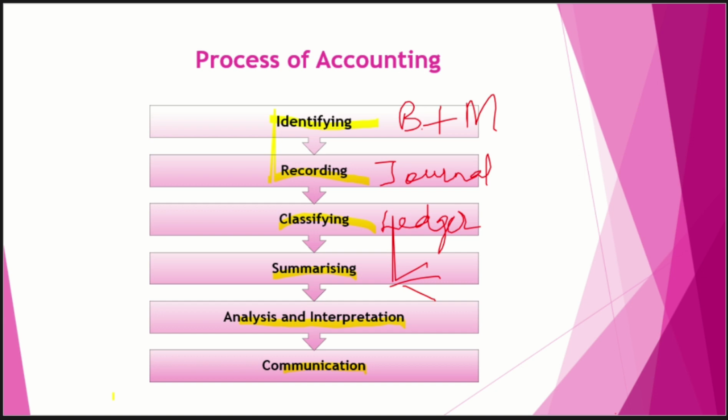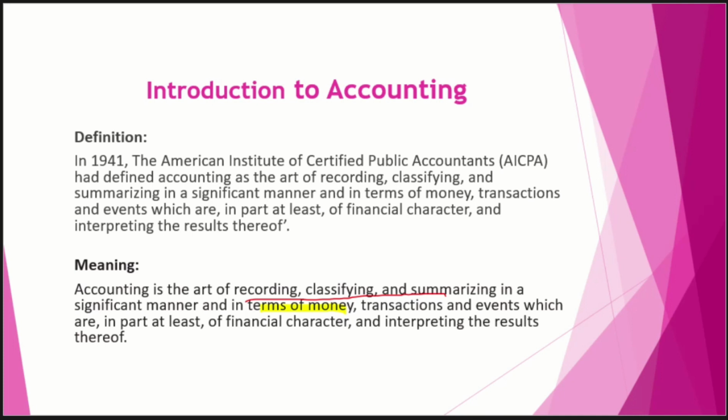Okay, now let us go back and understand the definition more clearly. We had left this definition part and understood the process first. Now we can understand the definition more clearly. Let us read it out.